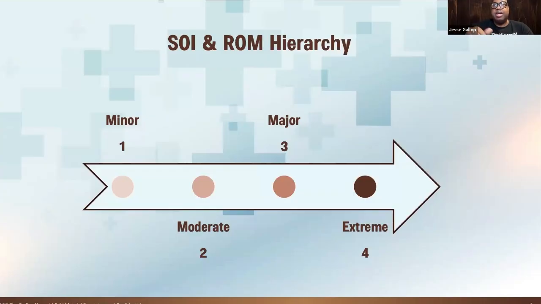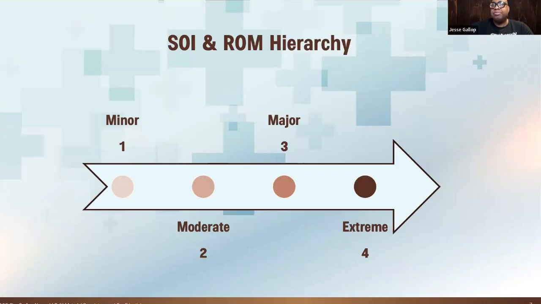And each level will increase the DRG weight, because in MS-DRGs, each level, whether it's a no MCC or CC or MCC, you have a different DRG assigned to that, which will have a different weight. In the APR-DRG system, you will have the same DRG, but the SOI will change.